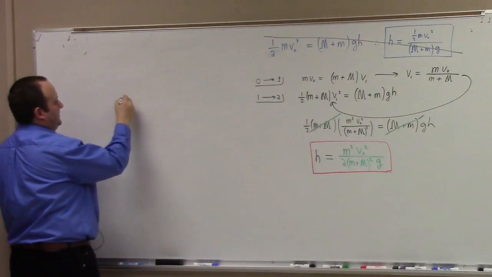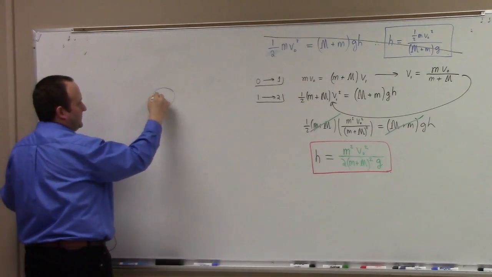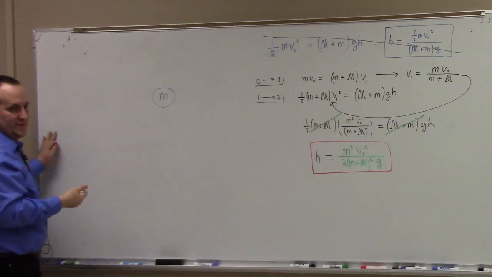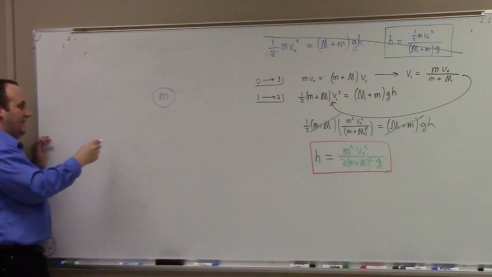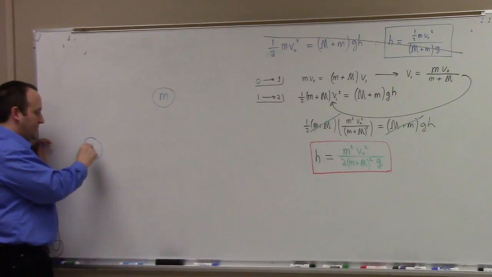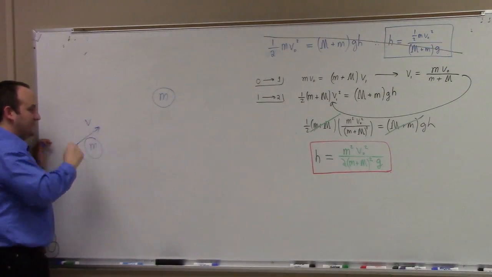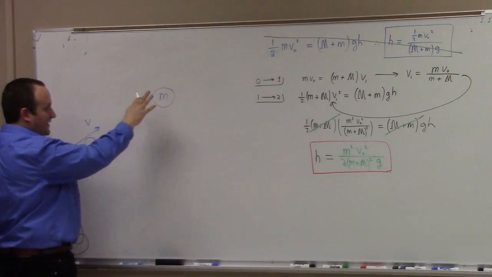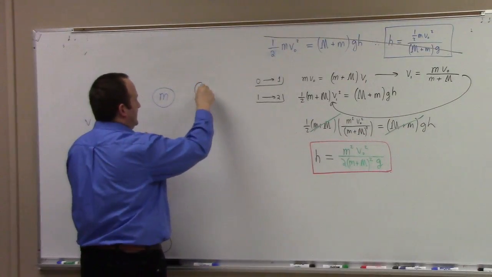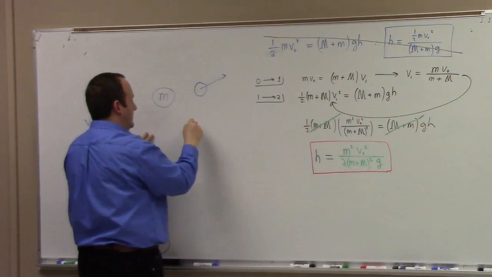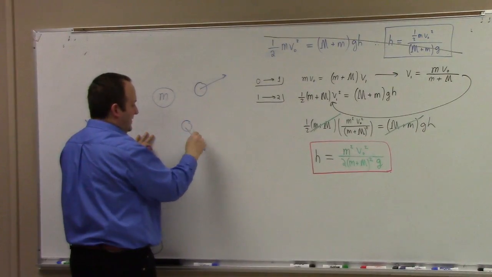So if you have a pool ball just sitting there, and by the way, they all have equal mass, and then you have another one, and it comes in and you hit it with a cue stick, with velocity v, and collide. Afterwards, that one goes this way, this one goes that way.